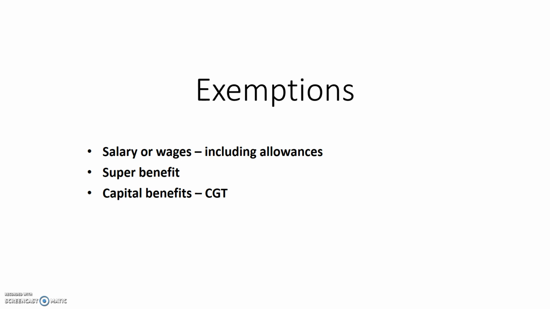That would be of capital nature, and so you consider that a capital gain, and so that would be exempt from FBT. There's also a number of benefits which are considered exempt by FBT rules, which are just specified in legislation.